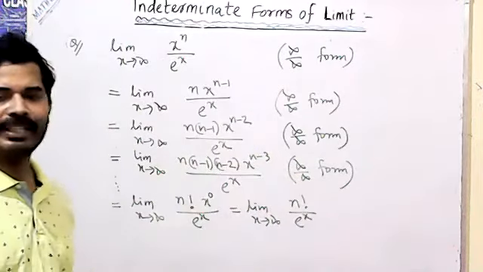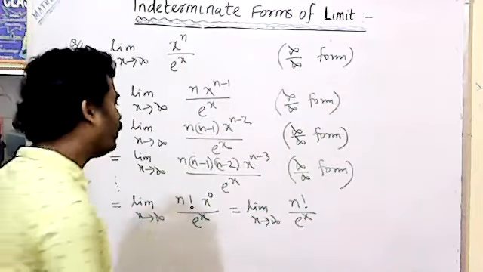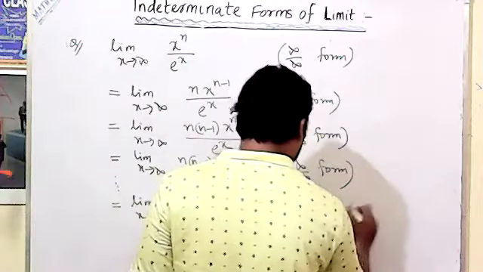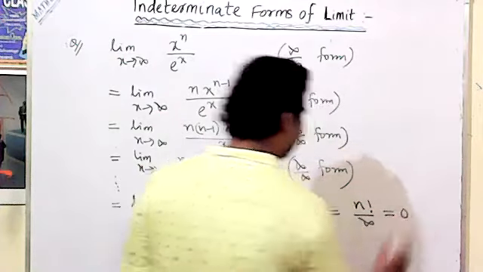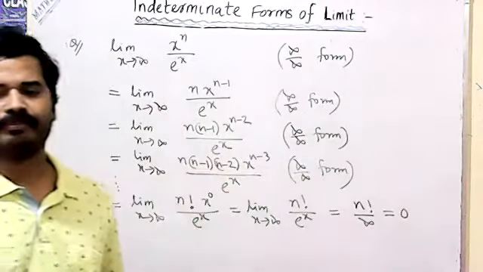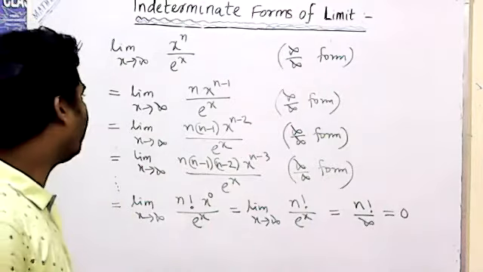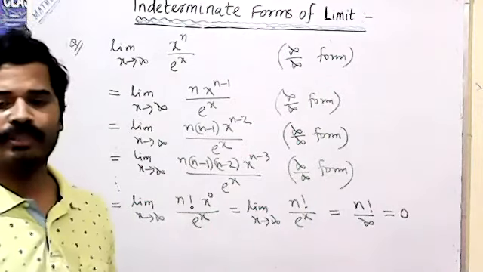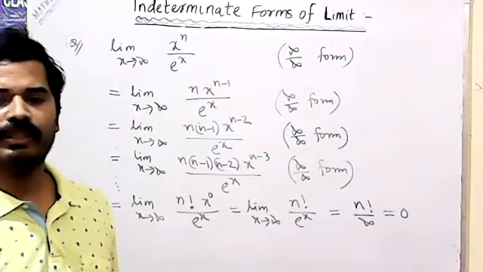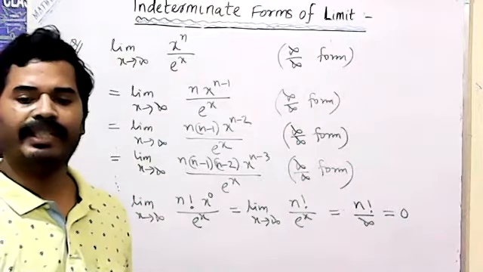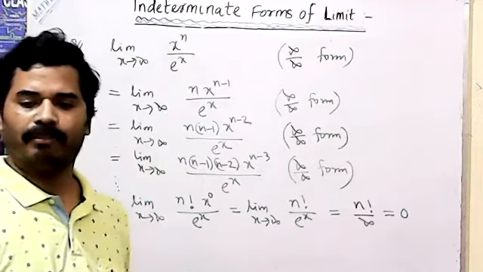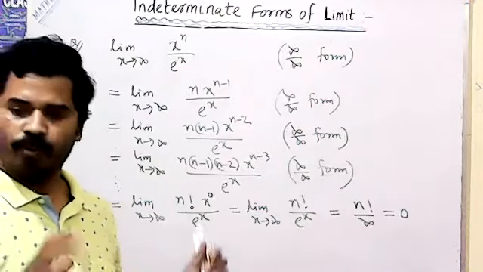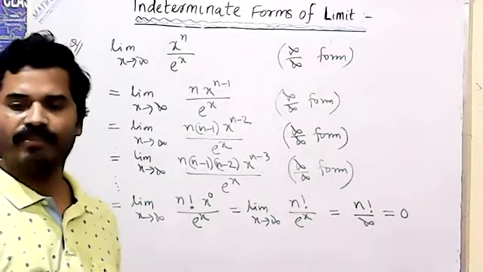Since e to the power infinity is infinity, n factorial divided by infinity goes to 0. That means the limiting value of the function is equal to 0. The indeterminate forms are completed. So very different questions are solved in different ways.